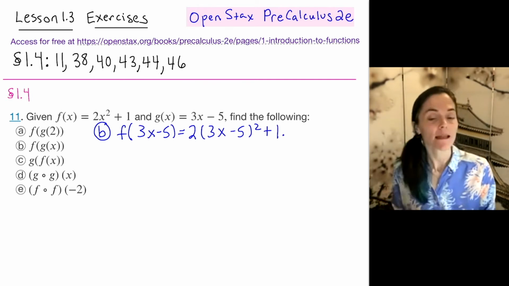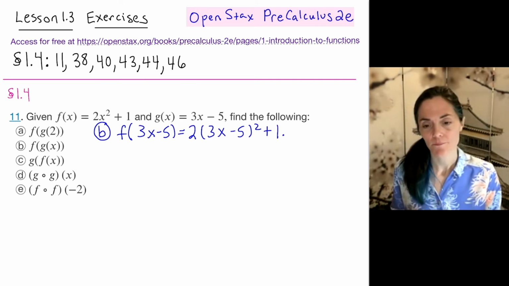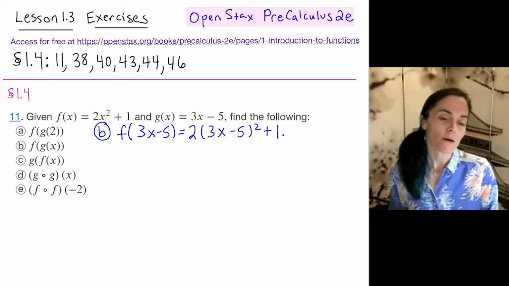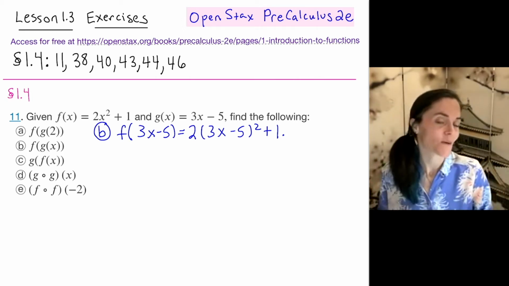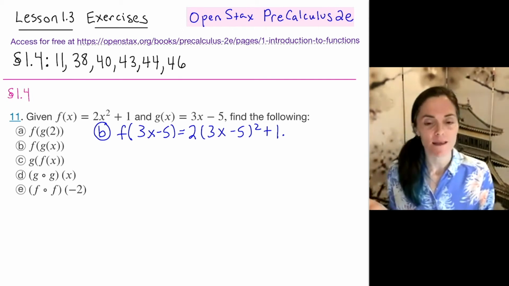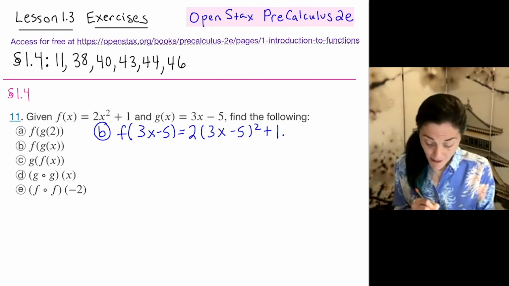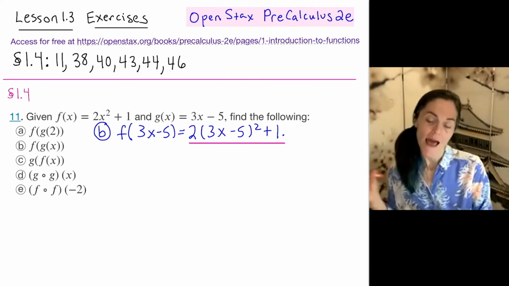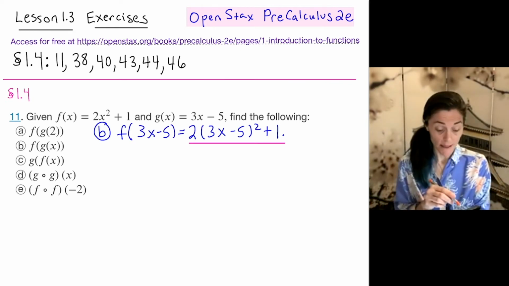In our lecture video, we had a problem like this, and I asked you to simplify, mainly to make the point that f composed g and g composed f are typically not equal. Here, it doesn't say anything about simplifying, so I'll leave my answer like this. If you want to, you could multiply everything out. It's not a problem, but I will leave my answer like this in B.